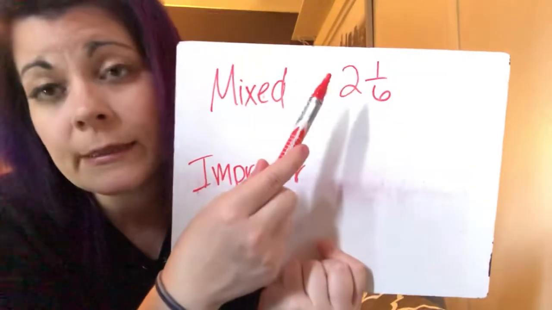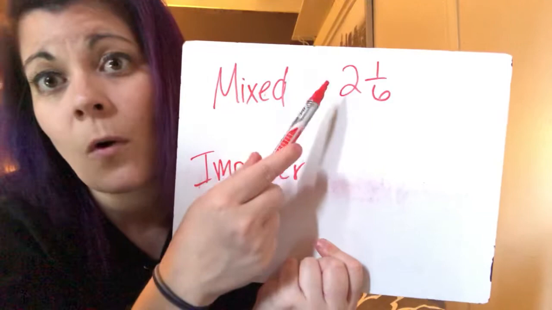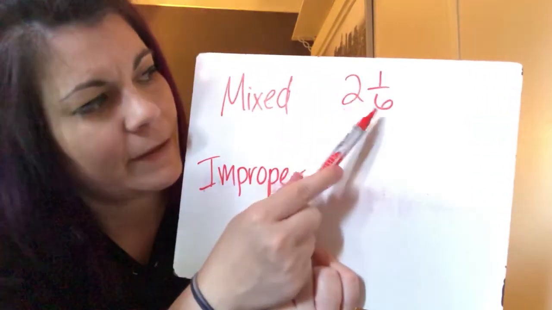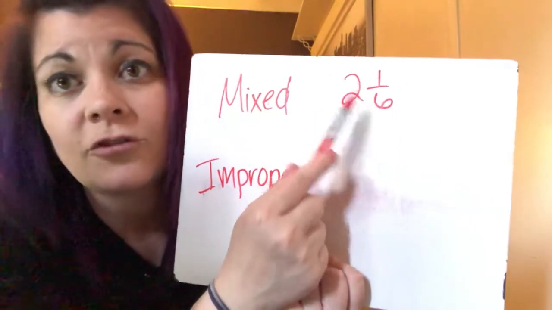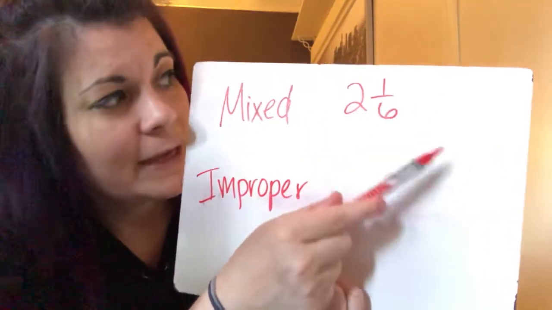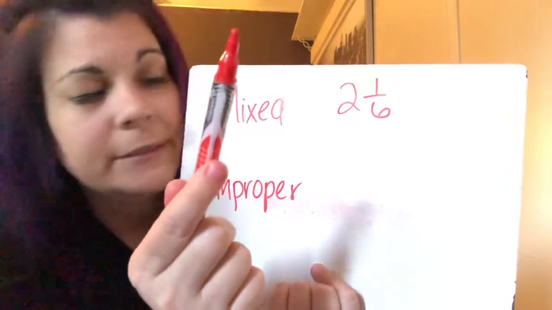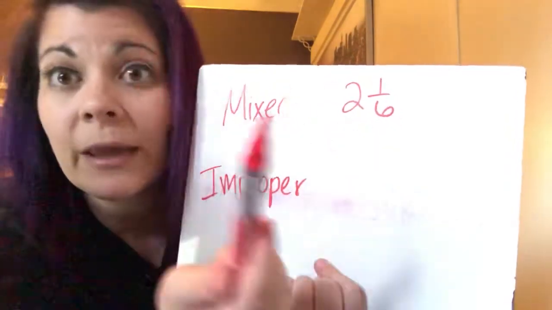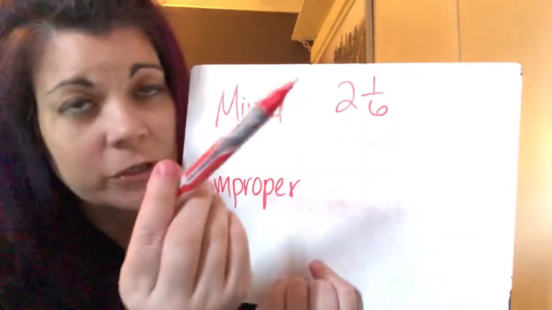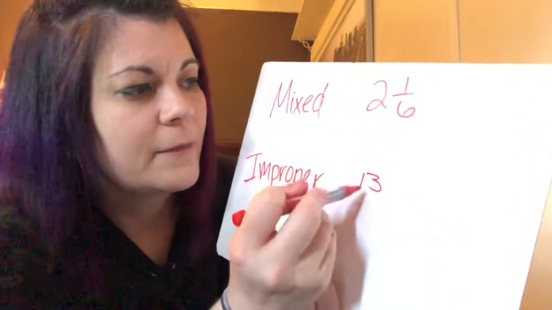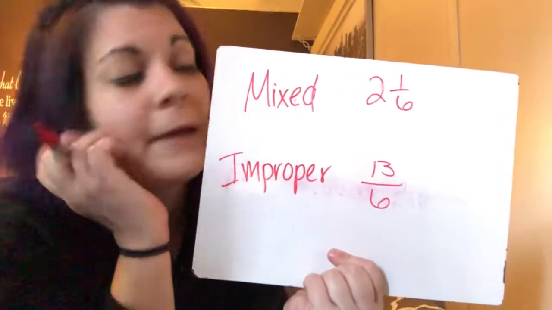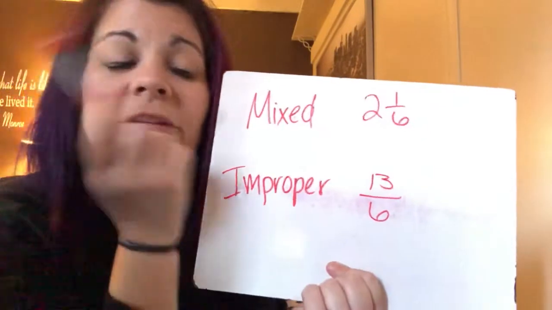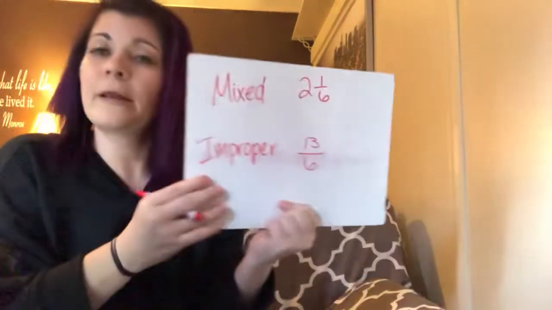So 2 1/6 means we ate 2 wholes that were split into 6 parts. 2 times 6 is 12, and then we ate that 1 extra part. So we ate 12 parts, and then that 1 extra part makes 13, and then we keep the denominator, okay? So 2 times 6 is 12 plus 1 is 13, and that's how you get your numerator.